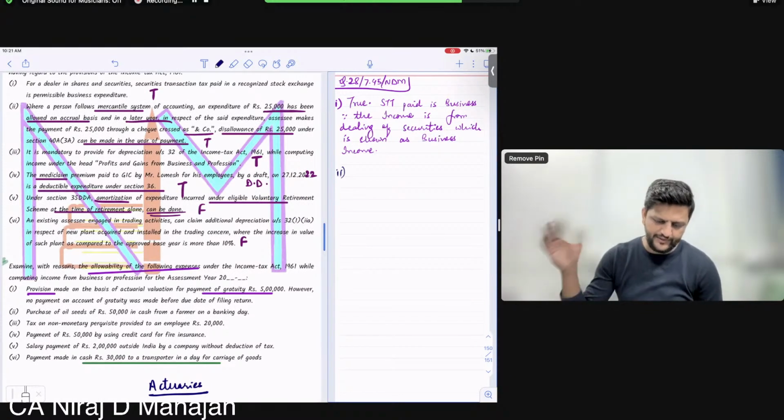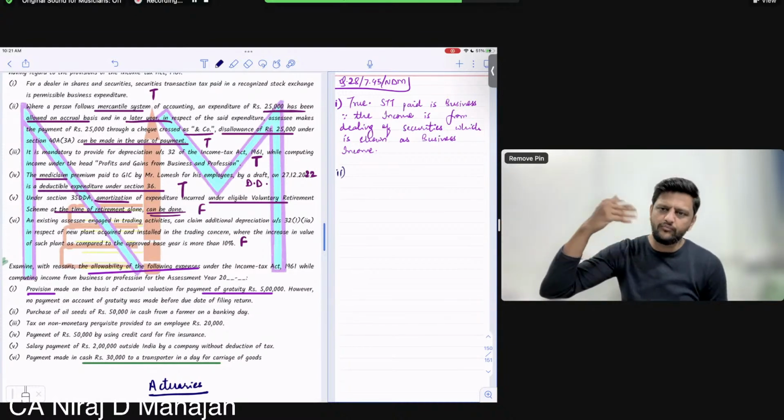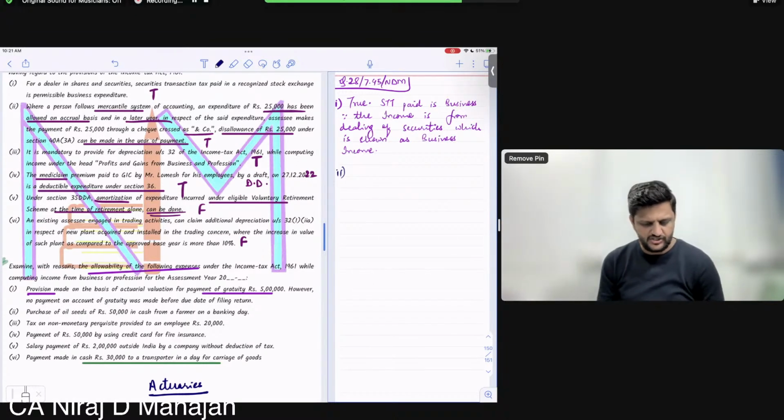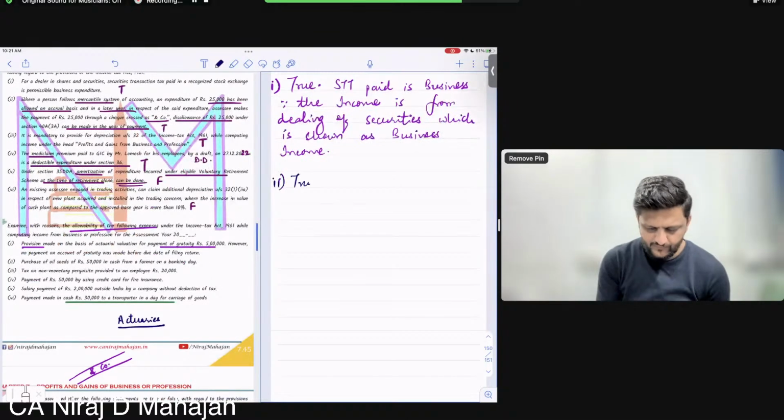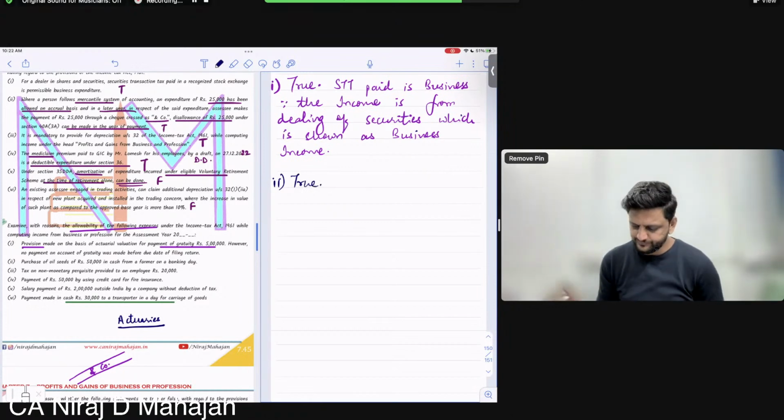So in the current year it was allowed, next year disallowed. Disallowed means it is added in the business income, in the year of payment, which is exactly what 43B talks about. Write down: True.